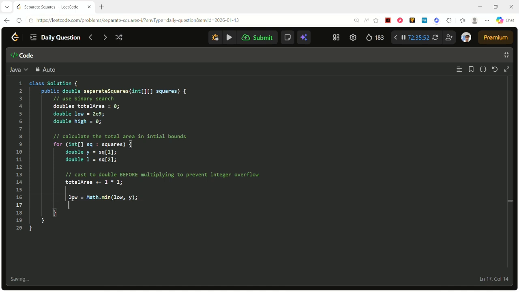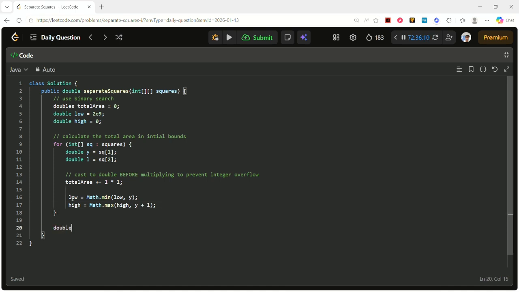High is equal to Math.max of high and y plus L, updating the highest top edge among all squares. This gives the upper bound of binary search.